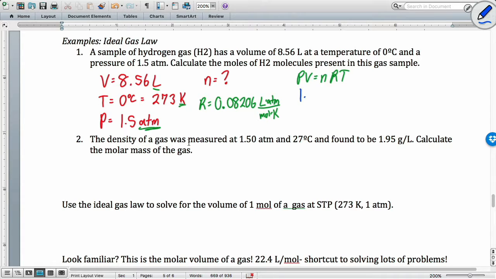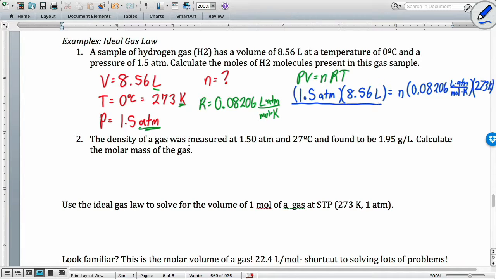Make sure you add them in at the end, okay? As long as you're using the right gas constant, you will be fine. Okay, so pressure, 1.5 atmospheres times volume, 8.56 liters equals n, which we don't know, that's what we're looking for, times R, 0.08206 liter atmosphere per mole Kelvin, times temperature, sorry I'm running out of room here, 273 K. Then we move those over and divide by R and T. Can I just move these?